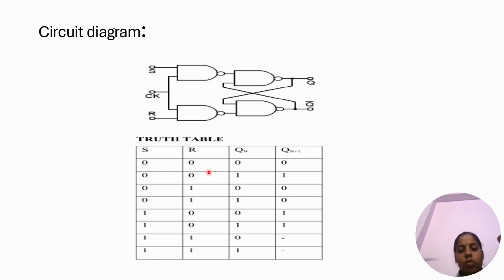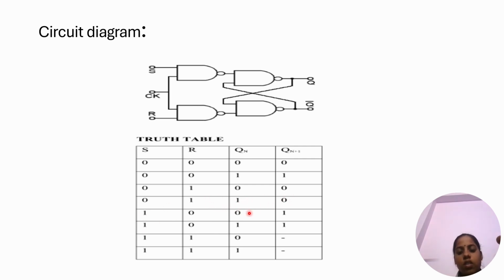When we take 0 0, Qn plus 1, meaning the next state, with present state 0, is also 0. Again we see 0 0, and here present state is 1 and next state is also 1. For 0 1 input, present state is 0, next state is also 0.